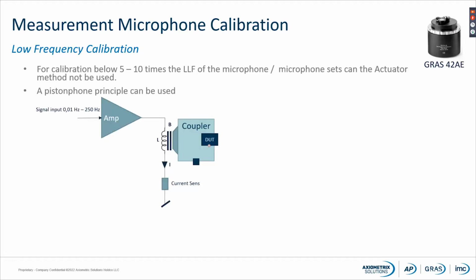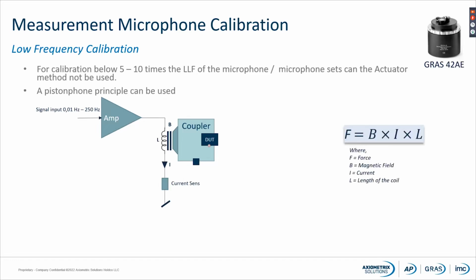Actually, a principle like this, where you have a speaker, an amplifier to this speaker, and a coupler together with the speaker. Then you would use the diaphragm, the cone of the speaker, to act as a piston moving up and down.